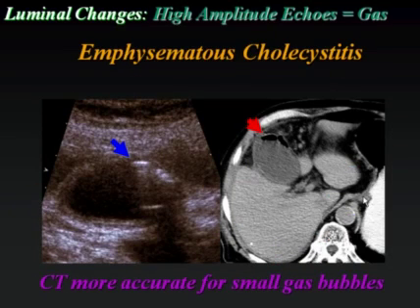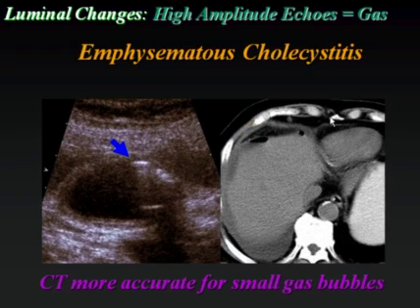Now, once we identify high-amplitude linear echoes within either the lumen or the wall, we should go on to do CT, because I want to introduce the concept of staging the degree of inflammatory change. Here we can see on the corresponding CT, not only is there gas within the lumen, but very importantly, this patient has perforated emphysematous cholecystitis and now has gas bubbles in the subphrenic space.